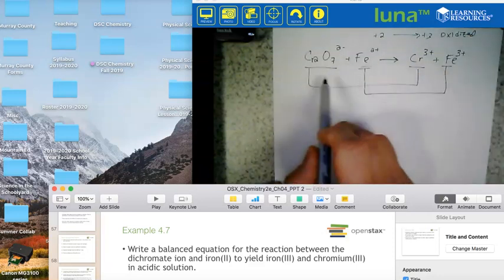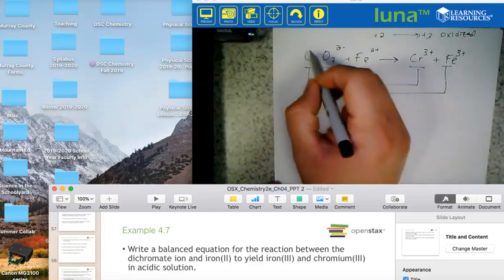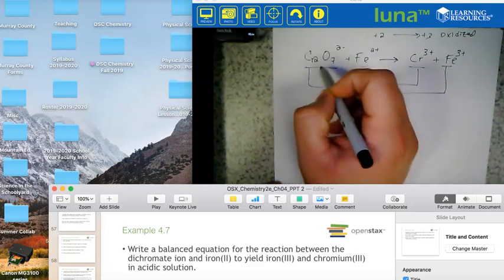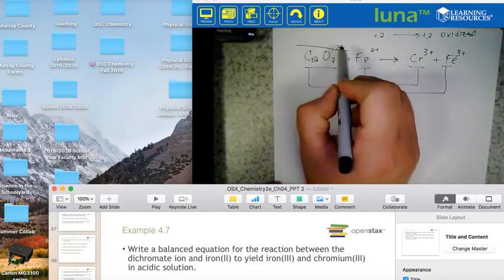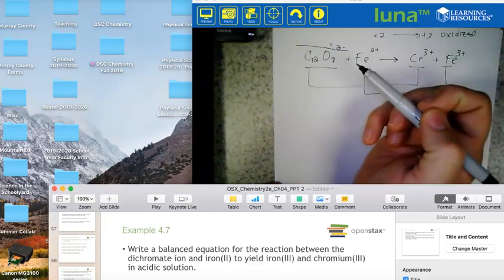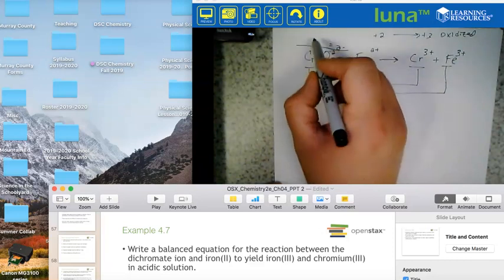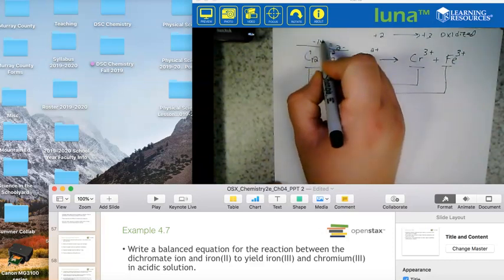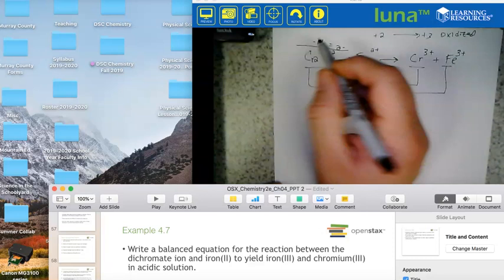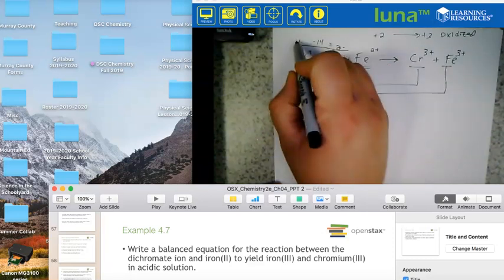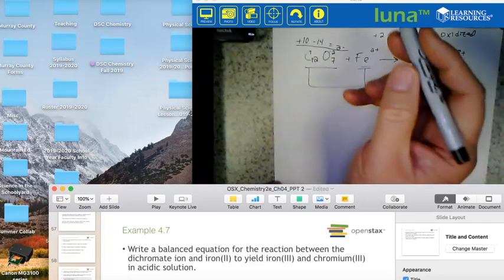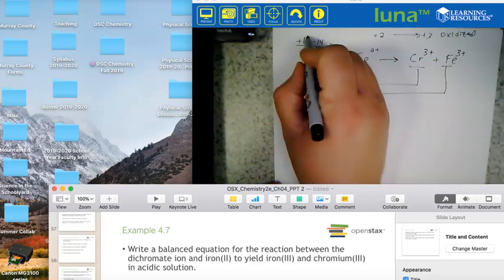And then for chromium, I have to figure out its oxidation number. Overall, it has to add up to -2, right? I know oxygen is -2, so 7 times -2 is -14. So this has to be positive, not 10, sorry, 12.